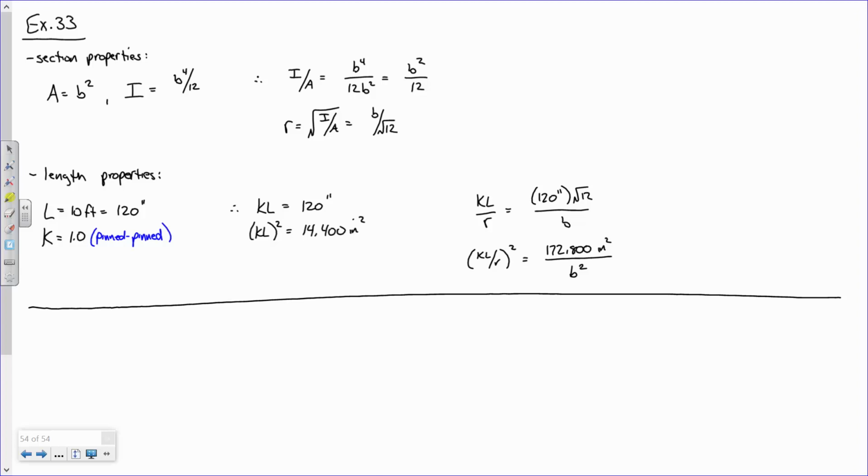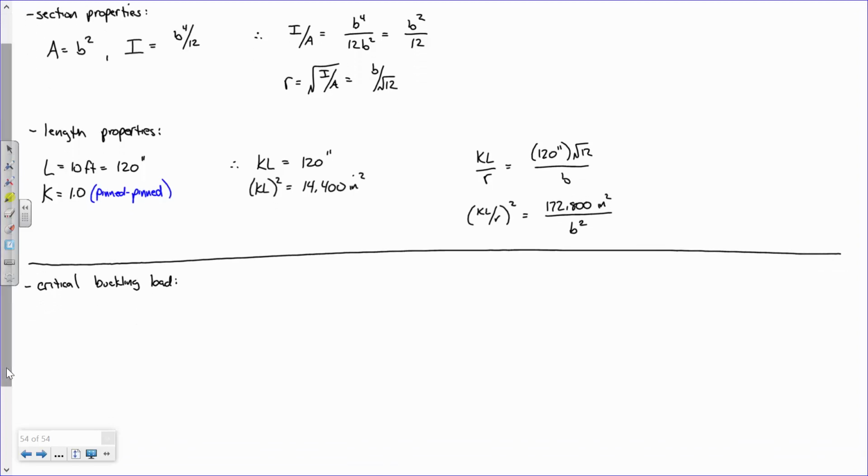Okay. Now, here's the thing. Let's start off by determining critical buckling load. Let's look at this for a second.